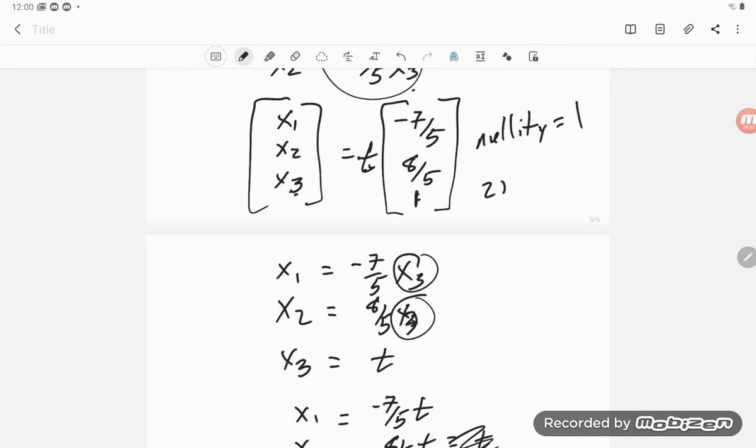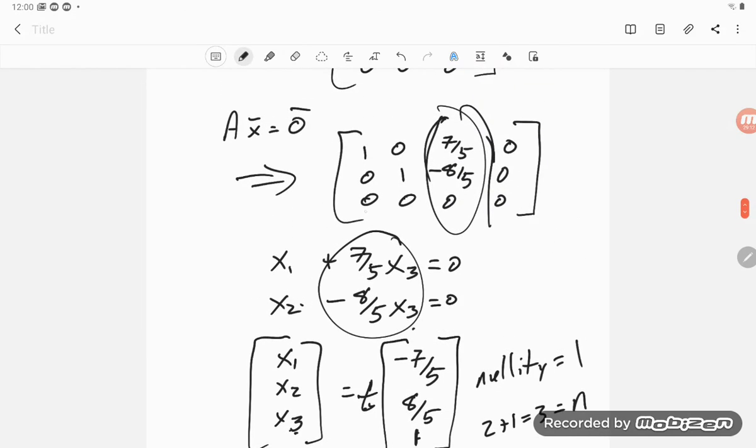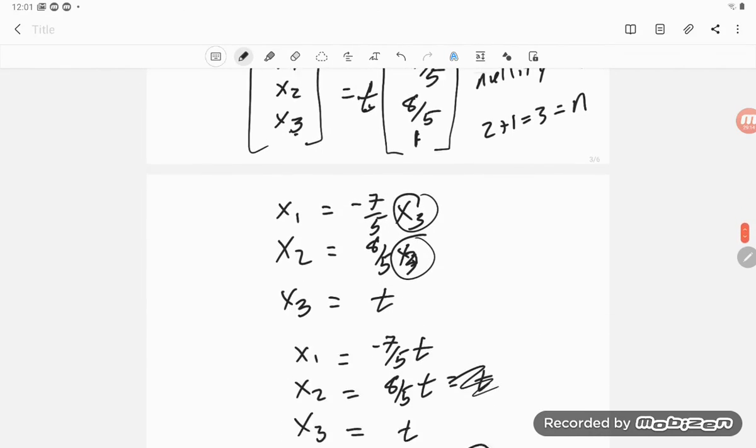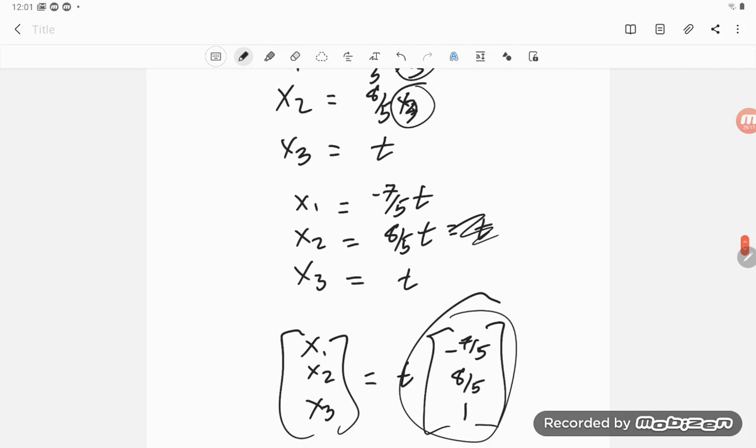And so if we take the 2 plus 1, we got 3, which was equal to our n, number of columns in A. So that is this idea of the rank and nullity of a matrix, and finding bases for column space and row space and null space. So there's a lot there, and what you want to do is just kind of practice with this sort of thing, finding those spaces.